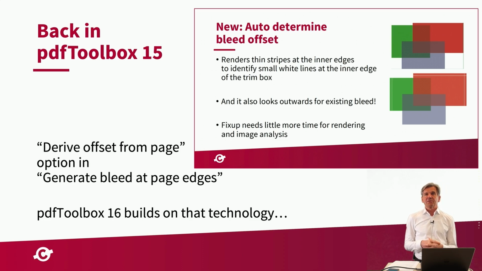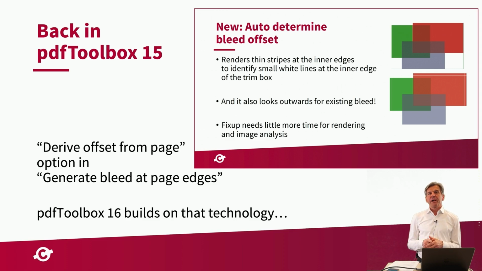What that does is it analyzes the PDF page, and then it calculates the offset that you should use in order to create bleed. And the offset is calculated towards the trim box. So normally in a well-designed file, you would create bleed, if you need to, at the edge of the trim box.